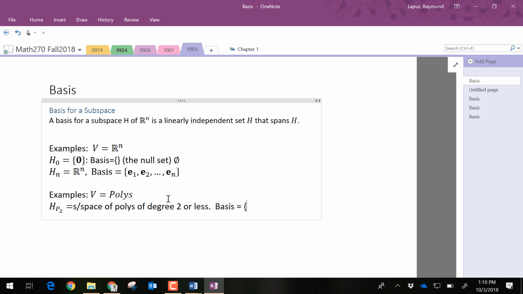There. Now if I take these and span it, that means I just multiply each one of these by a scalar, and then I add them, ax squared plus bx plus c. That's about as generic as you can get.